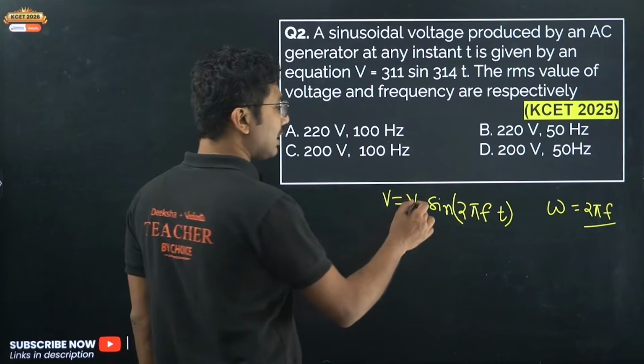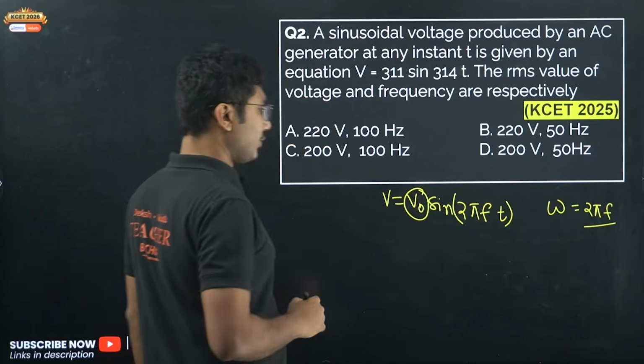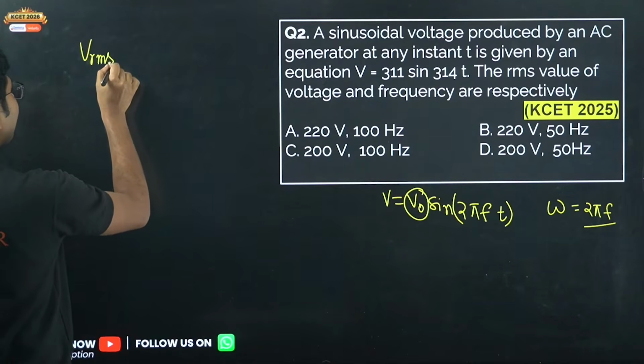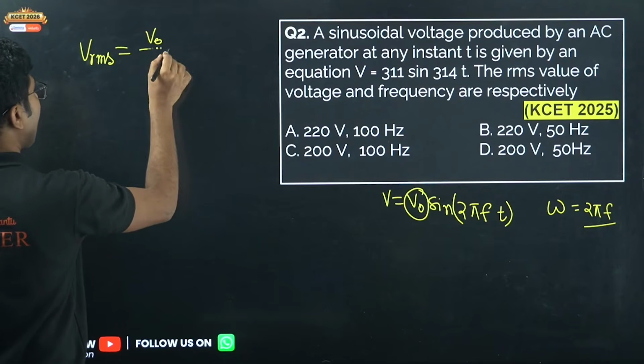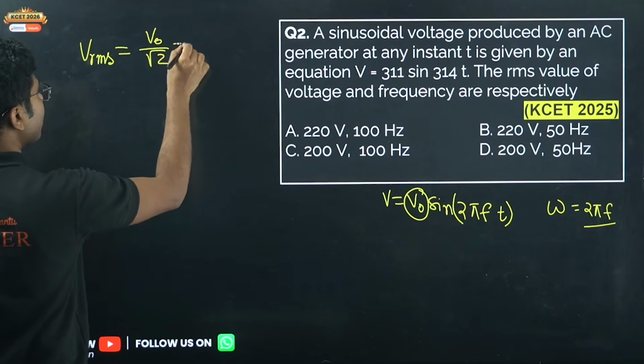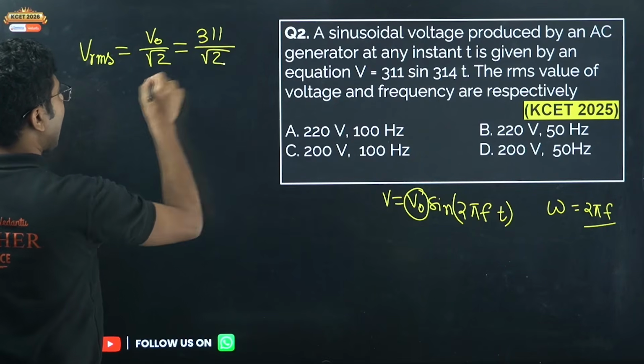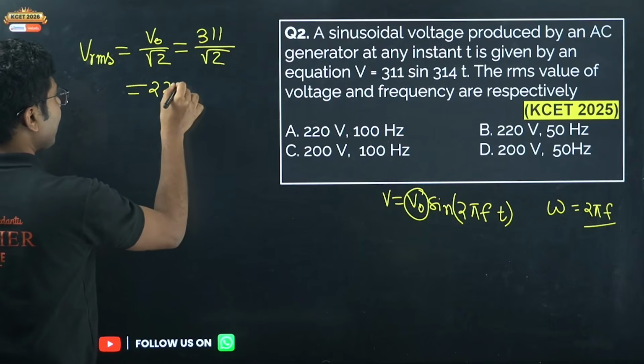Here V0 is the peak value of the voltage. So what is the RMS value? RMS value is given by V0 by root 2. So here the peak value is 311 divided by root 2, and that will give you 220 volt.